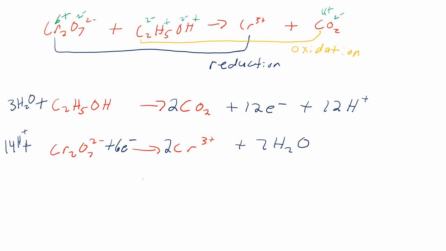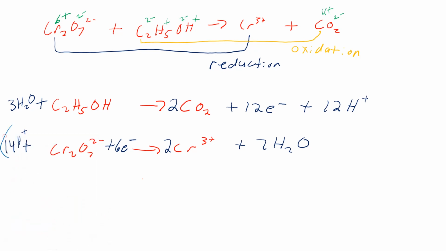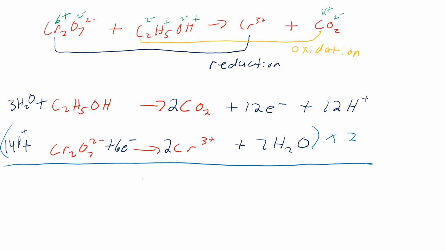So now we can balance our electrons. We have 12 in the first reaction and only 6 in the second reaction. So we need to multiply our second reaction times 2 to balance this. So when we do that, we're going to go ahead and copy the first reaction down.